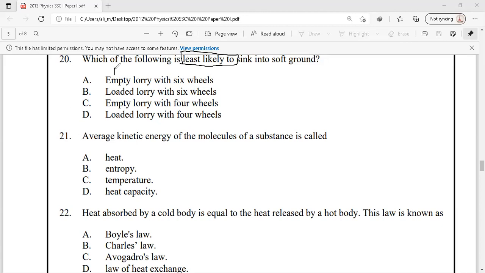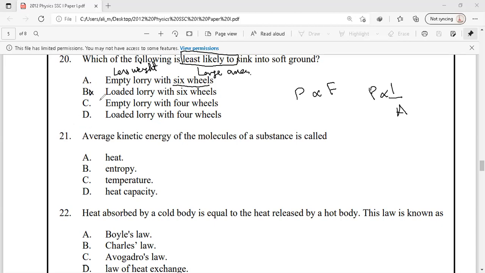An empty lorry means it has less weight or less force, and six wheels means it has a large area. We know that pressure is directly proportional to force and inversely proportional to area. So, least likely to sink means it should have less force and a greater area.